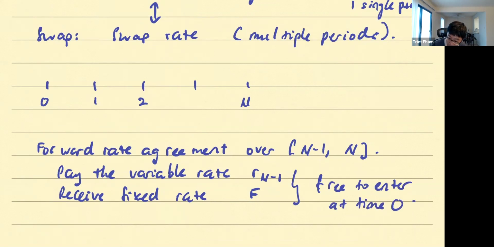So the point is F is structured so that it's free to enter. Okay, so this is like the forward price. But in this context, because it's the price on the rate, we call it the forward rate agreement. Okay, forward rate.